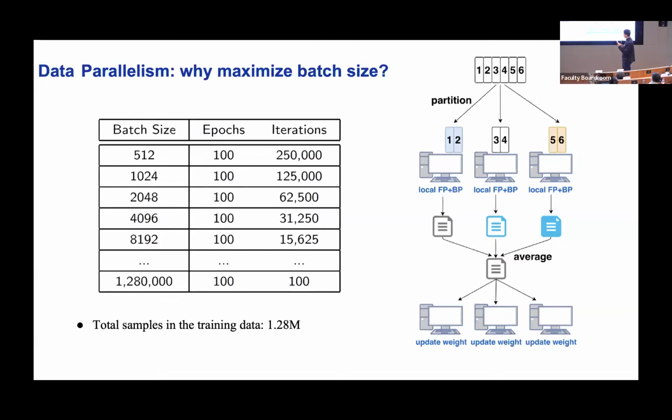With one GPU, the batch size is 512, and for two GPUs, the best batch size should be 1K, four GPUs 2K, and eight GPUs 4K. Eventually, you can maximize the batch size with the max number of GPUs, and you can minimize the number of iterations. That's the ideal situation.